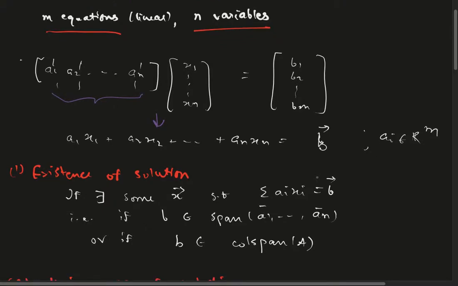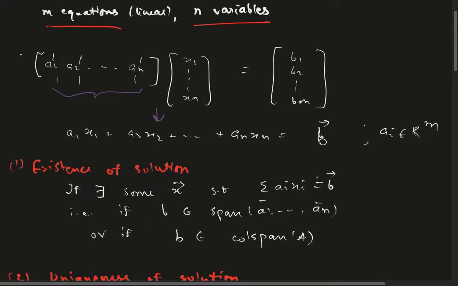So now if we want to check whether a solution exists or not, the problem is simply equivalent to whether b can be written as a linear combination of the vectors a1 to an. If b can be written as a linear combination, then we say that the solution exists.